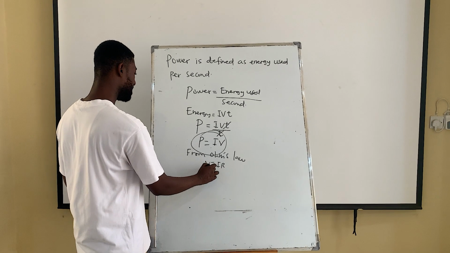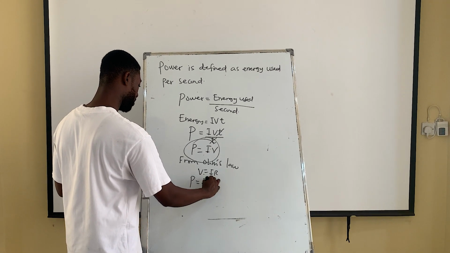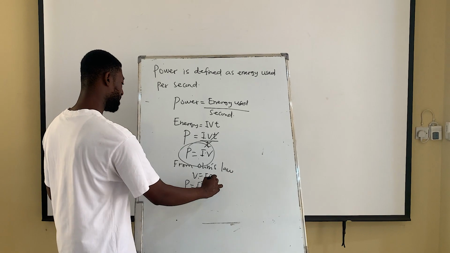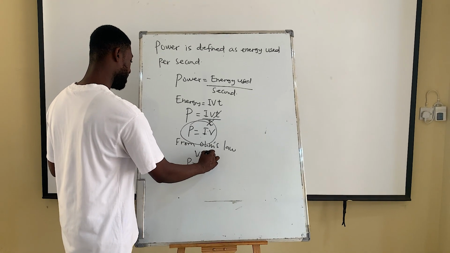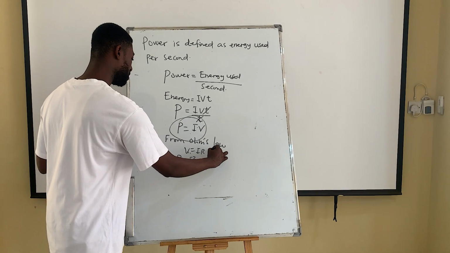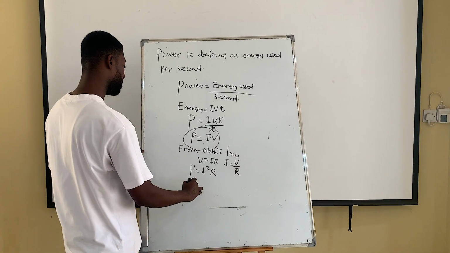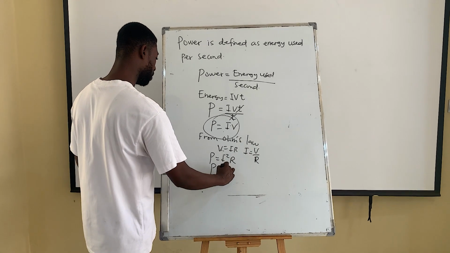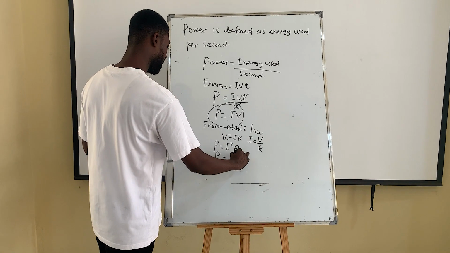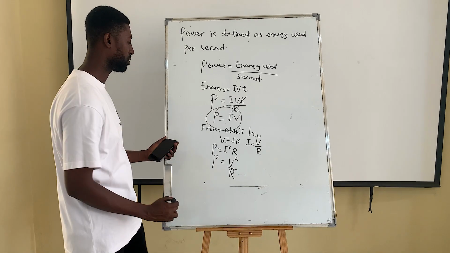So substituting this into the power equation, we are going to have P equal to I square R. Then we can also make I the subject here and substitute it into the power equation. So I is equal to V over R. If I is equal to V over R, then the power equation will be equal to V square over R.